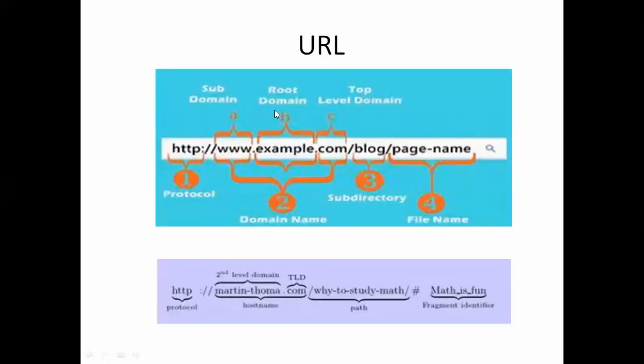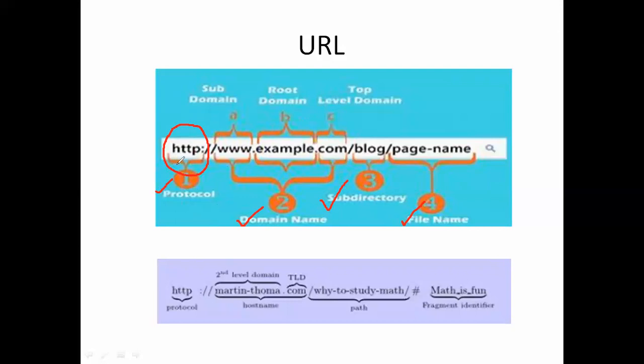So this is an example of a URL. A URL has four components. What are they? Protocol, domain name, subdirectory, and file name. As I said earlier, all the communication should be carried out using the HTTP protocol. HTTP means Hypertext Transfer Protocol.